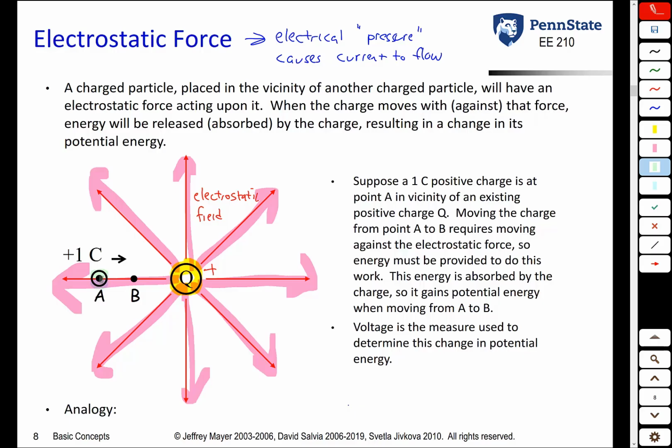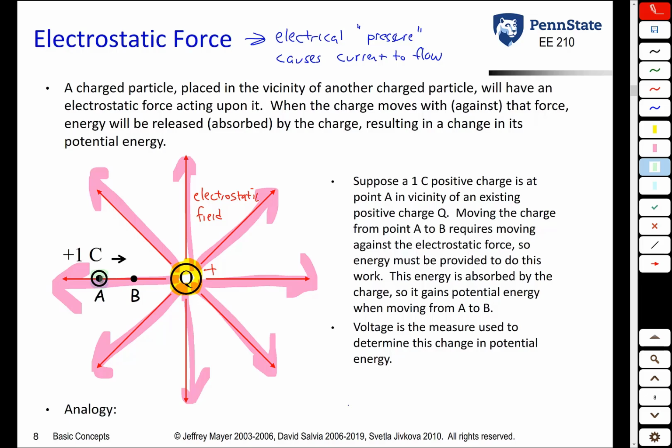But if somehow we can move that particle at A to B, we are putting energy into that charge. We're moving it against the way it wants to move. This would be analogous to lifting a boulder up a hill. We're putting energy into the boulder. And so when this charged particle moves from A to B, it gains potential energy.